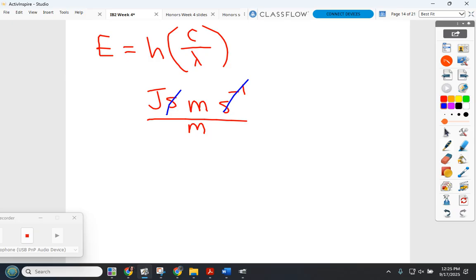This meter on top and this meter on the bottom cancels out, so your energy is going to be given to you in joules. You can always do something like that if you need to double check your units, but you don't have to if you feel pretty confident about it. All right.